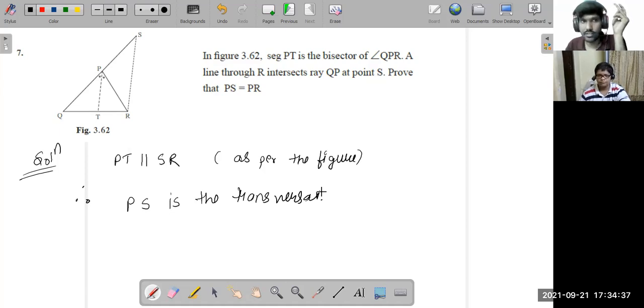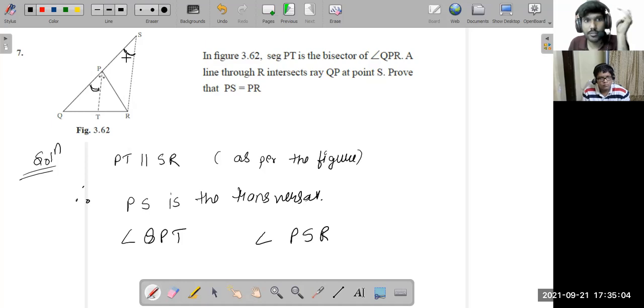Since PS is a transversal, this angle here and this angle here will be equal to each other. That is, angle QPT and angle PSR.